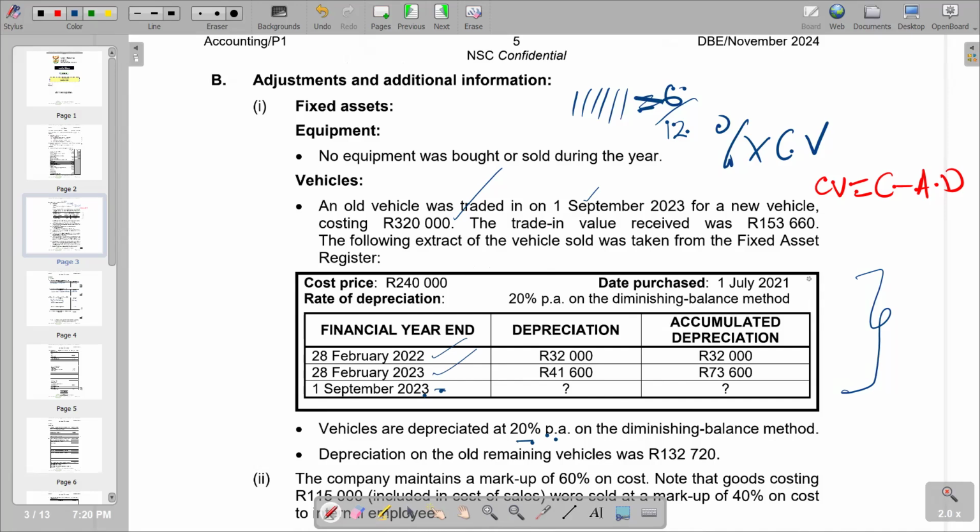It's using the diminishing balance method, which uses a percentage times carrying value, where the carrying value is equal to cost minus accumulated depreciation. So we have to find the carrying value first.